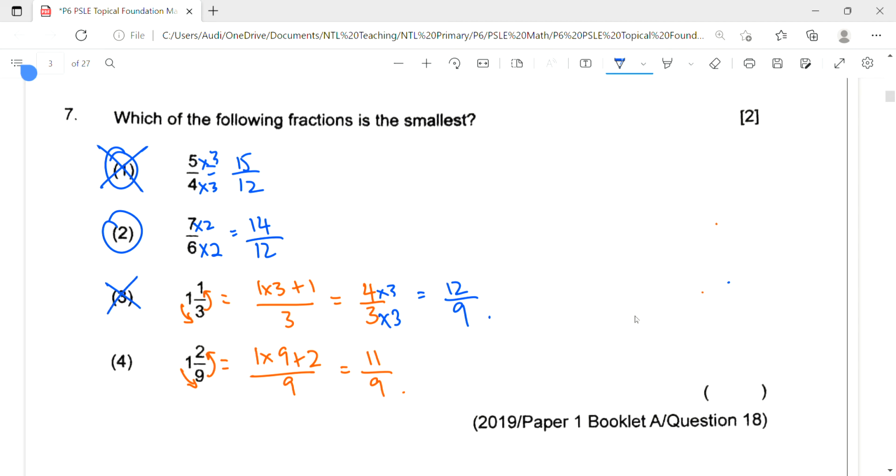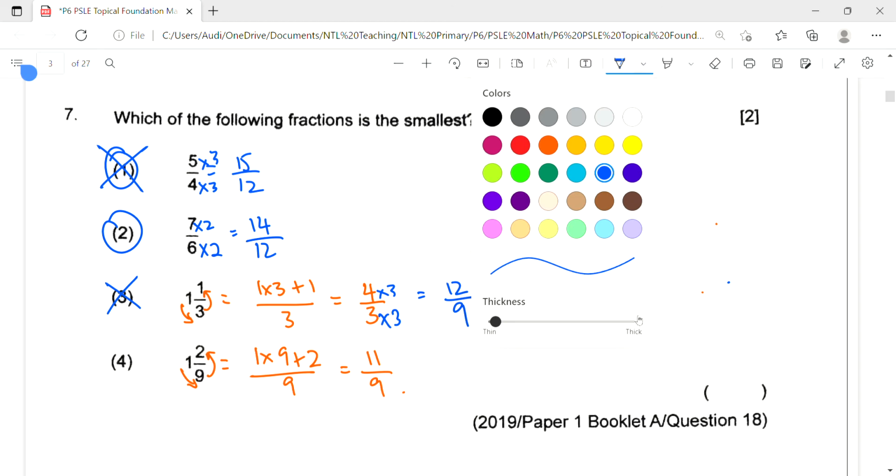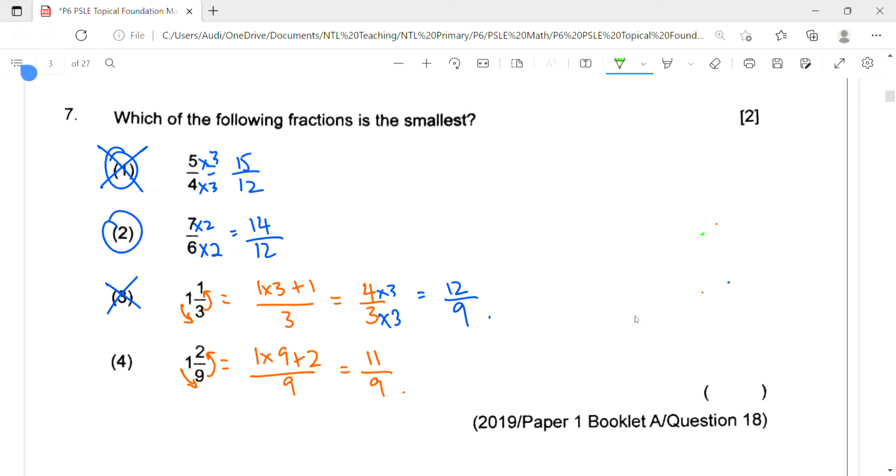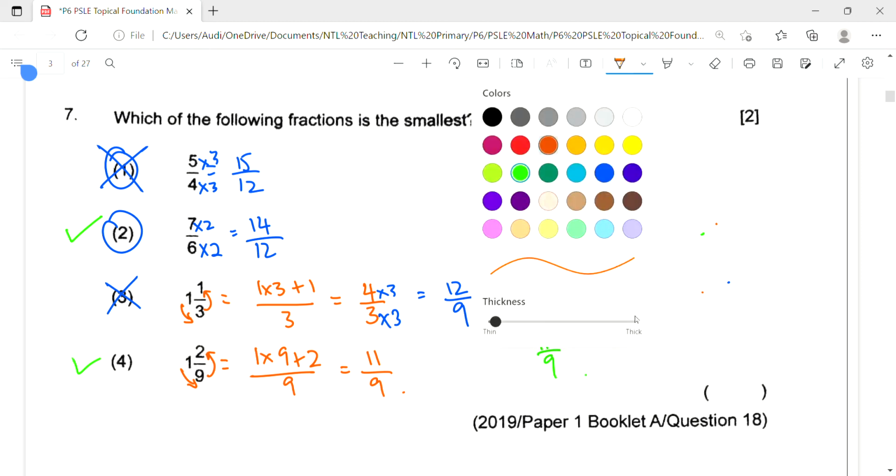Now we're going to compare number 2 and number 4. Number 2 is 7 over 6. Number 4 is 11 over 9. Let's do the comparison. The common denominator is 18.